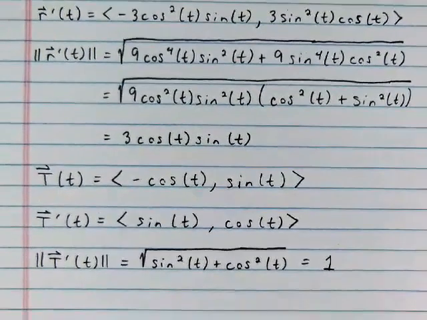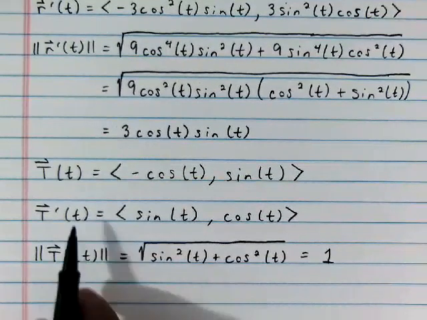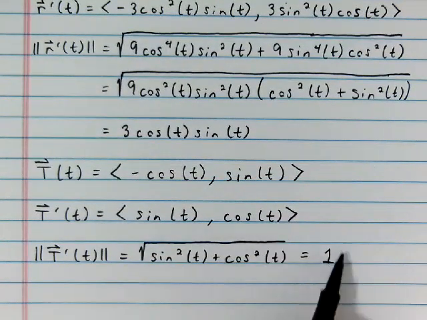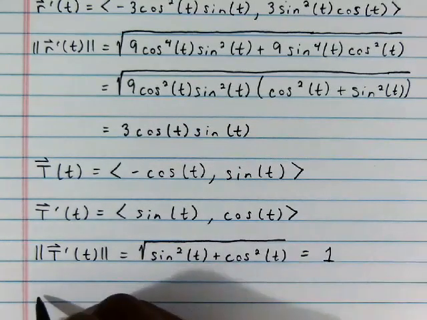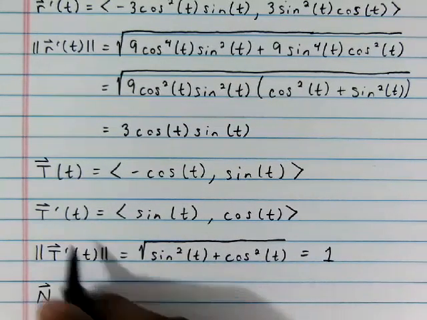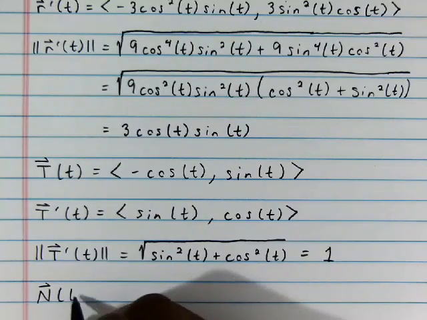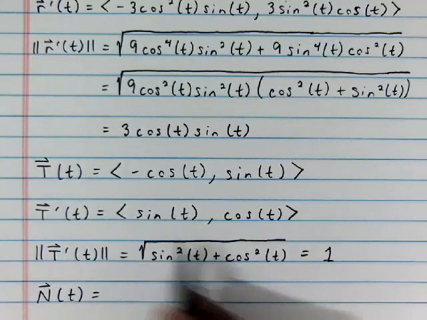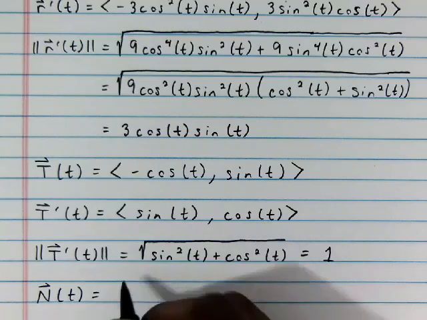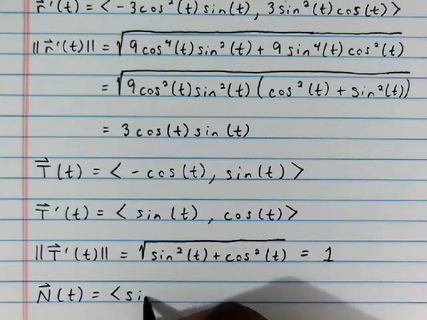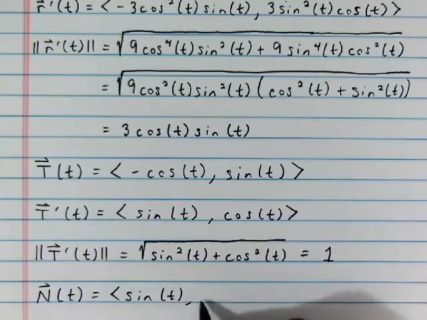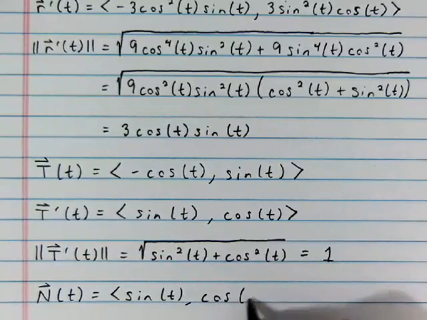So now n of t is T prime of t divided by the magnitude of T prime of t. So for us, n of t is just going to end up being the same as T prime of t. So this divided by 1, then that divided by 1. So sine of t, comma, cosine of t.